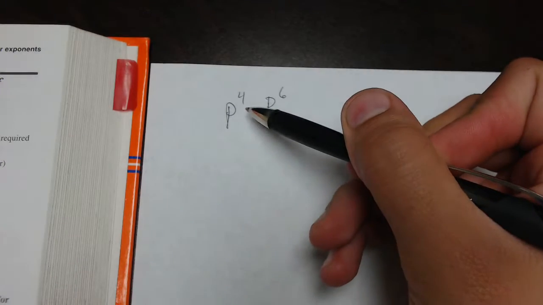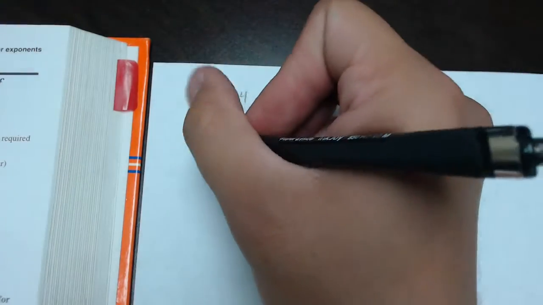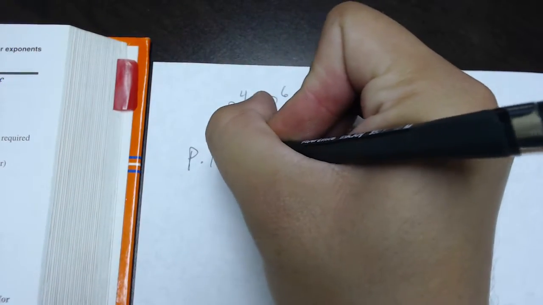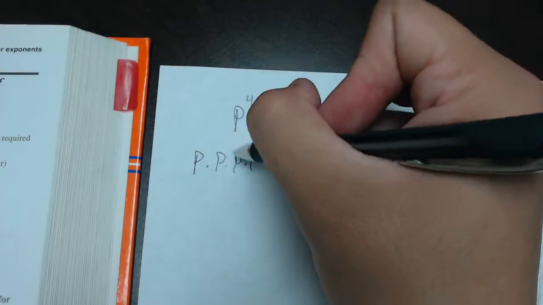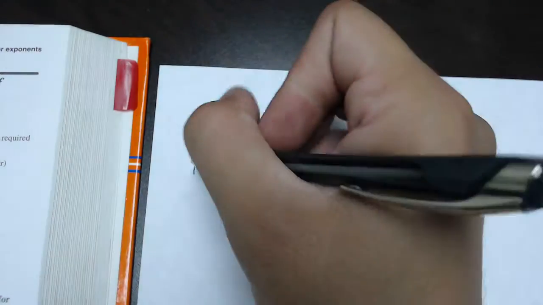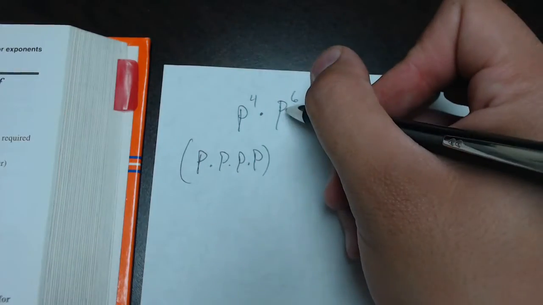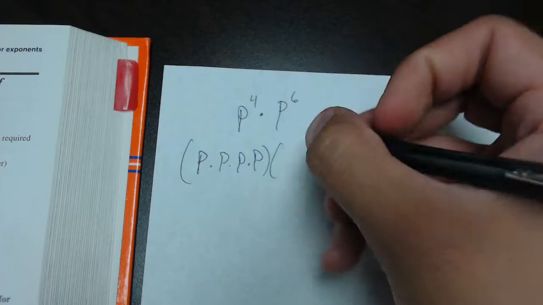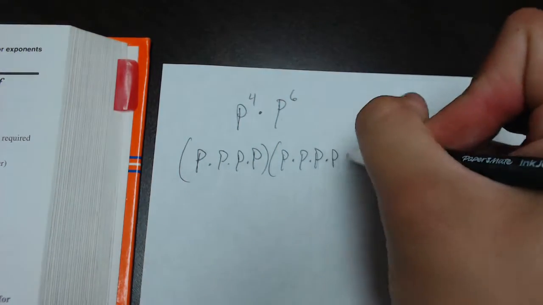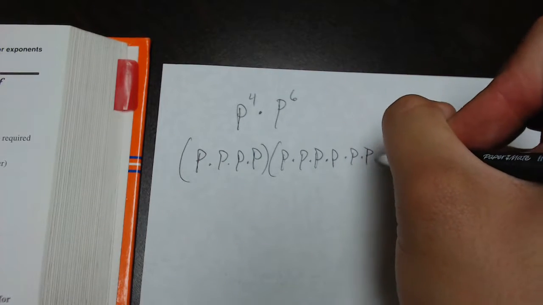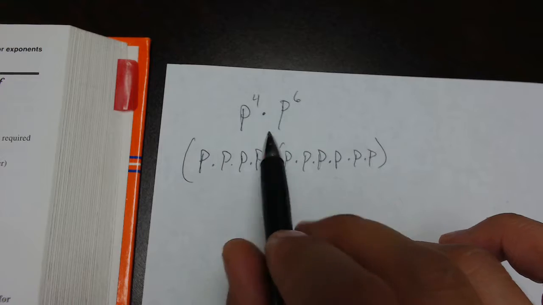If we remember that exponents are a faster form of multiplication, then p to the power of 4 is actually saying p times p times p times p. 4 p's, right? So we agree that this is equal to that. So if we were to take this and then multiply it by p to the power of 6, which can be rewritten as p times p times p times p times p times p, p multiplied 6 times, we can figure out the answer to this problem.